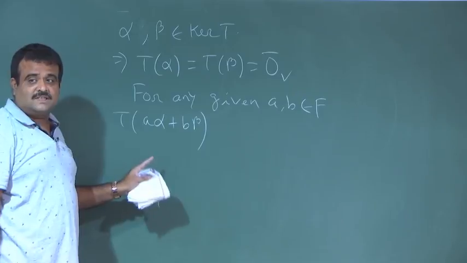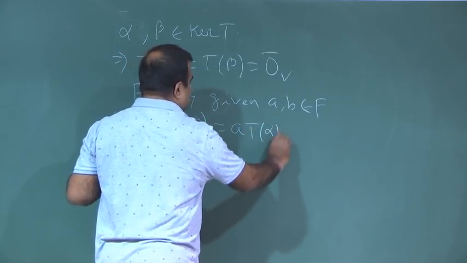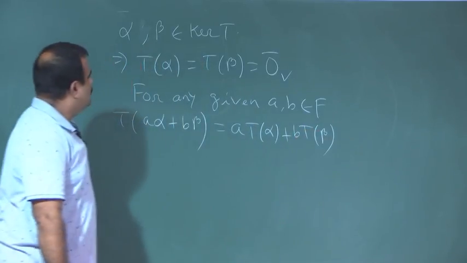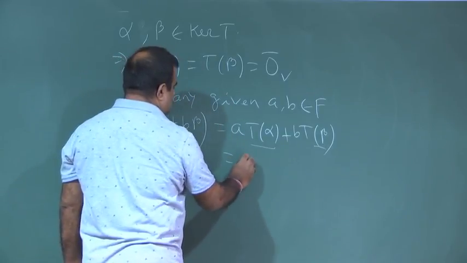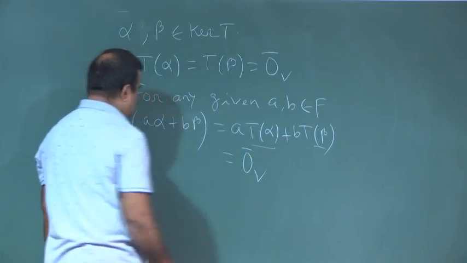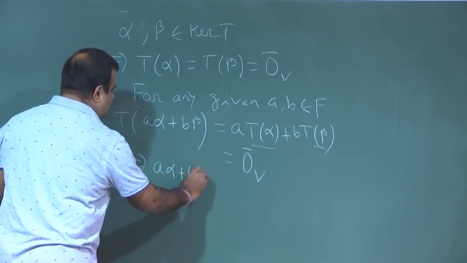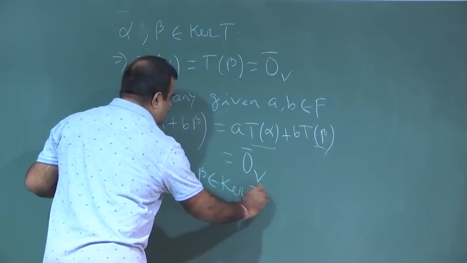Now, since T is a linear transformation, this must be written as a T of alpha plus b T of beta. Now, this is 0, this is 0. So, this will give us 0. So, this implies a alpha plus b beta belongs to the kernel of T.